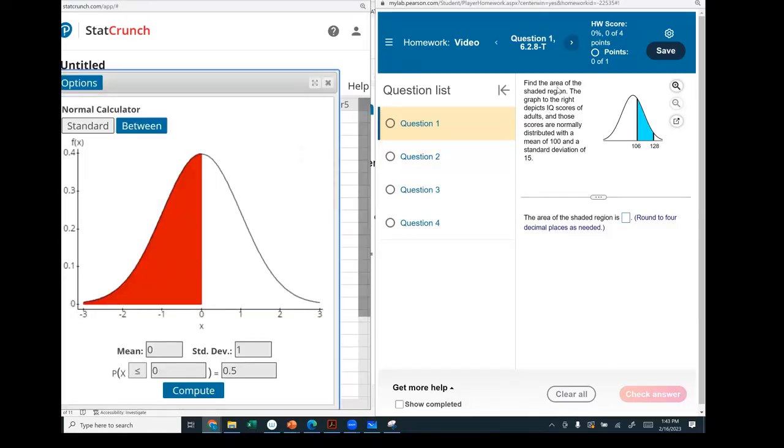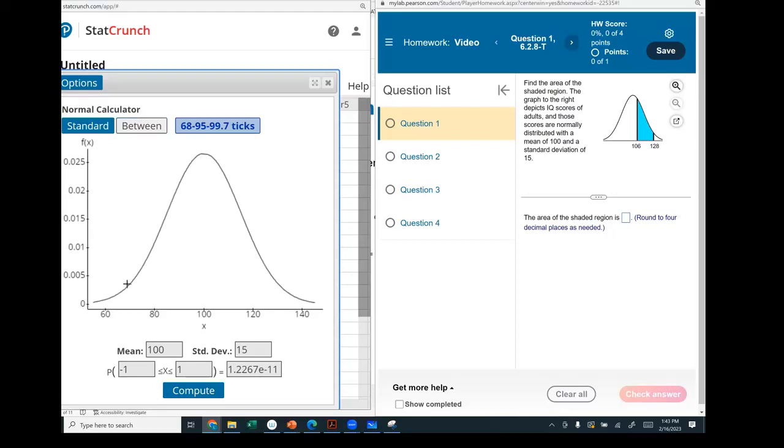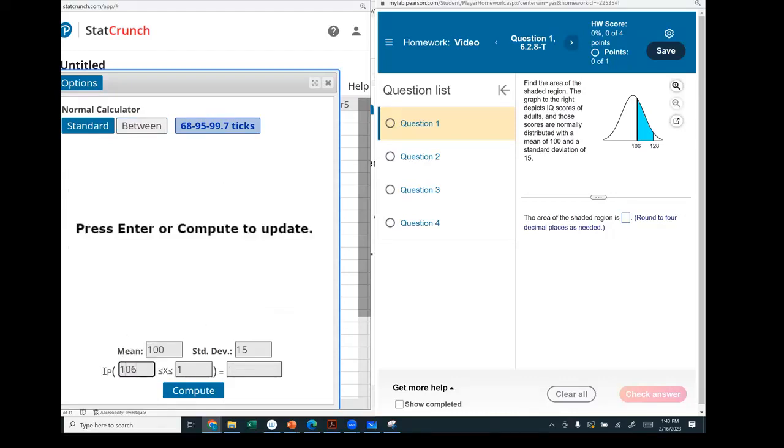Here it says, find the area of the shaded region for the graph to the right, which depicts IQ scores of adults, and those scores are normally distributed with a mean of 100 and a standard deviation of 15. So I could convert it to a z-score, or I can just put it in like this. Notice it's between two numbers, so I'm going to put this as between, and my lower limit is 106.